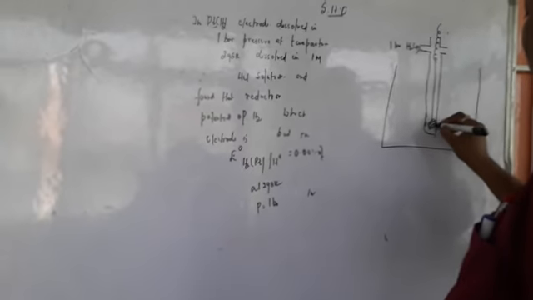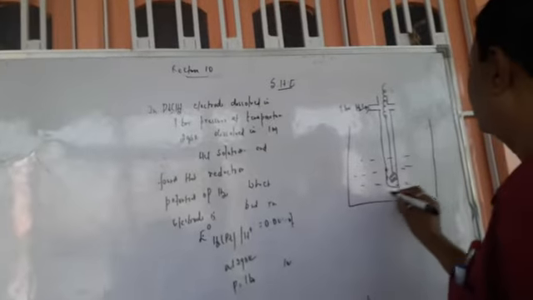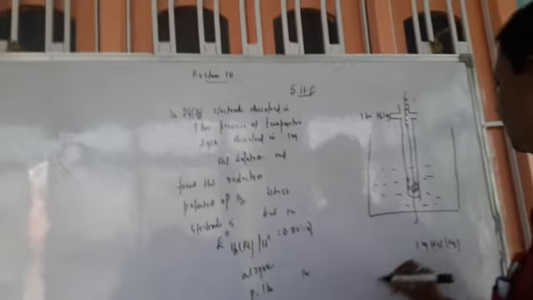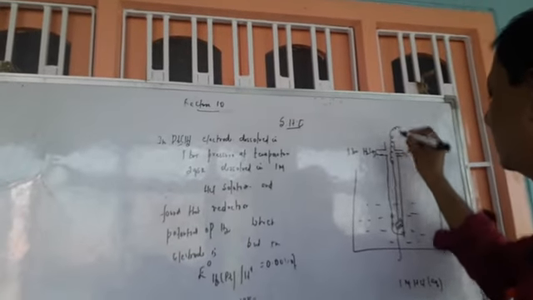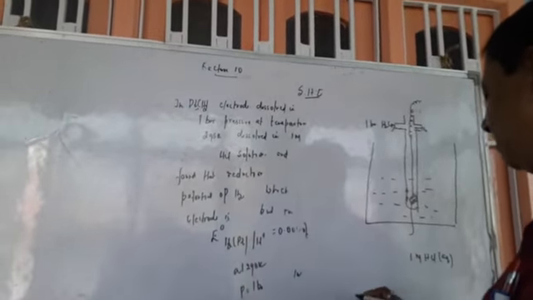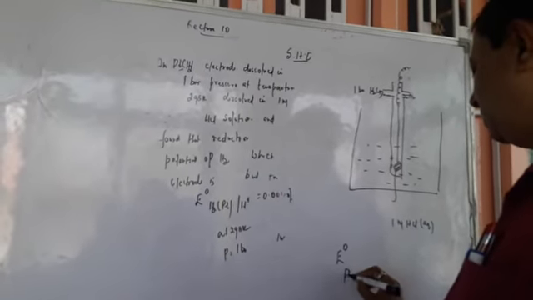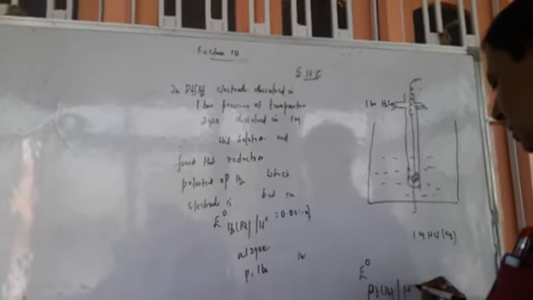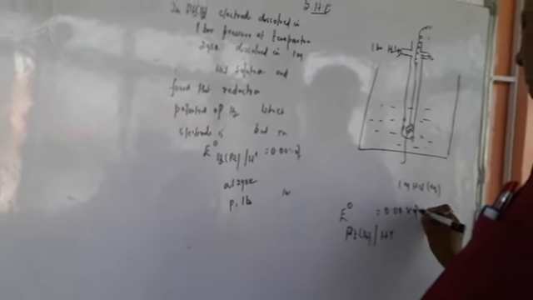This is the platinum electrode, which is immersed in 1 molar HCl aqueous solution, and each time it is found that E° of Pt, H2, H+ is 0.00 volt.